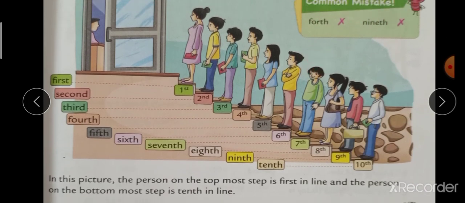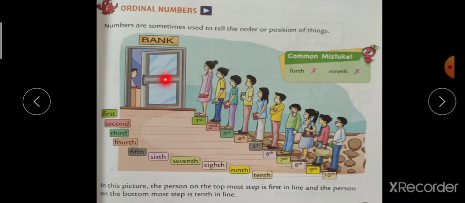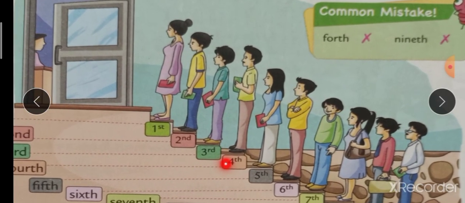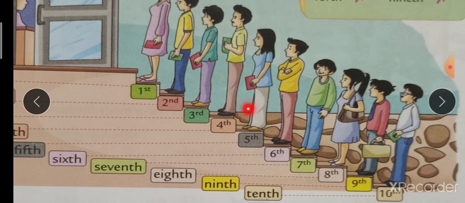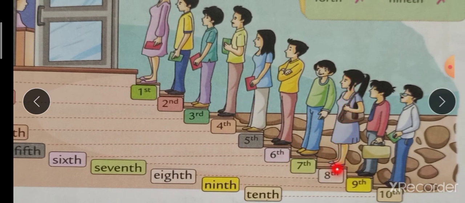Now here you see the ladies standing on this first step. They are all standing in front of a bank. They all want to go inside the bank. So the lady standing here is the first, then he is the second, then third, fourth, fifth, sixth, seventh, eighth, ninth, and the man with spectacles is the 10th, and he's standing on the last step.